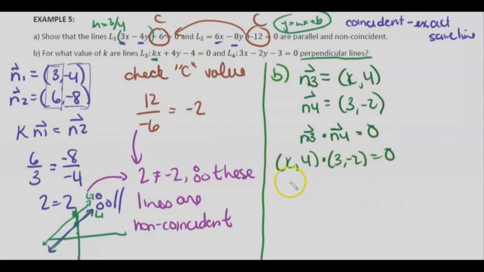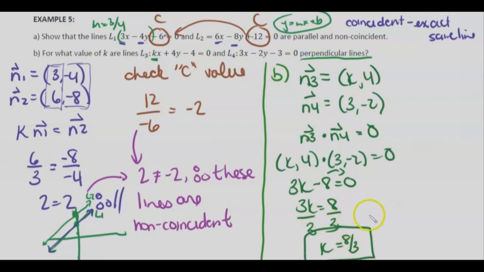So k times 3 is 3k, and 4 times -2 is -8, and that equals 0. Now all we do is solve for this. Bring the 8 over, divide by 3, and we get k equals 8 over 3. So when this question asks for what values of k make these lines perpendicular, it's when k equals 8 over 3.